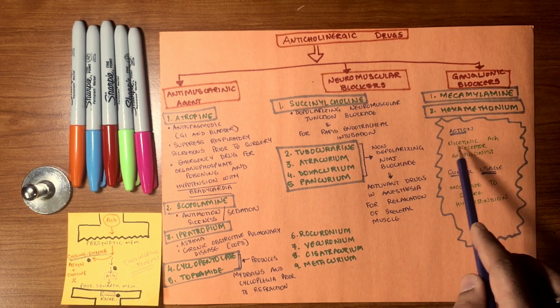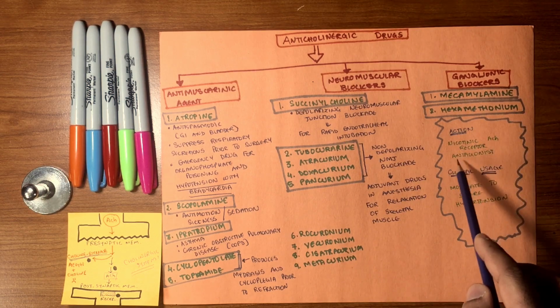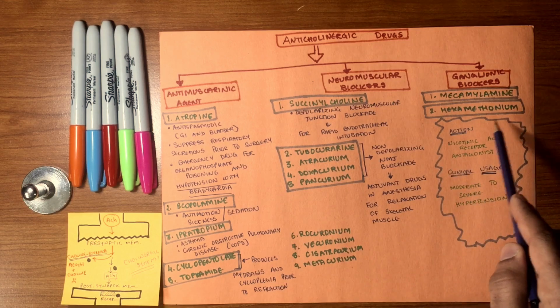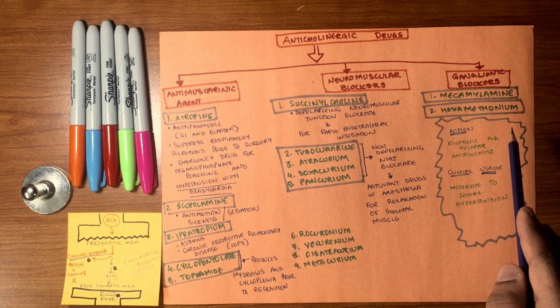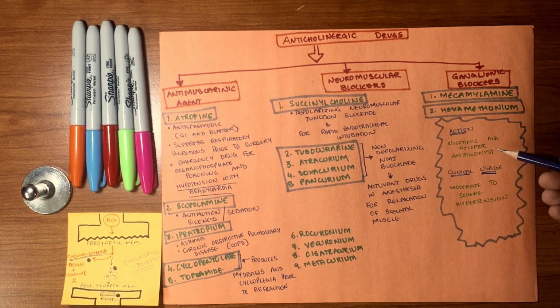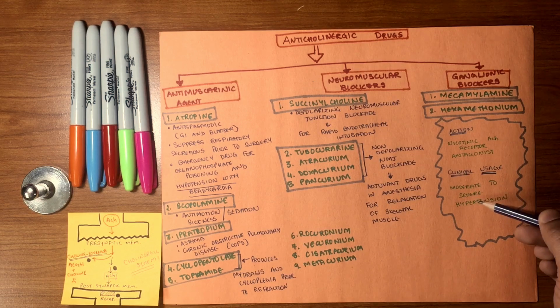Their actions are nicotinic acetylcholine receptor antagonism. So the presynaptic signals that the CNS sends to the ganglion for relay are blocked. So whether it is sympathetic or parasympathetic, it doesn't matter. It blocks them both. Therefore, the clinical use is in moderate to severe hypertension.